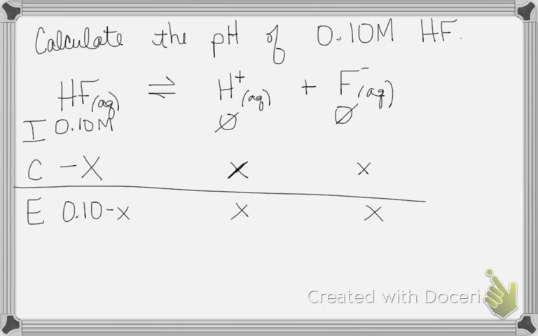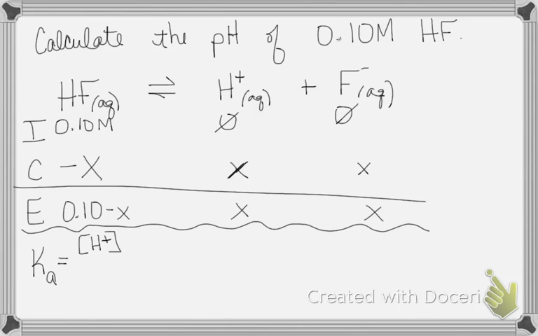And so if I take these numbers from my equilibrium line and plug them into a Ka, products over reactants raised to the power of the coefficients, then the Ka is going to be equal to the concentration of the hydrogen, which is X, times the concentration of the fluoride, which is X, divided by the equilibrium concentration of HF.